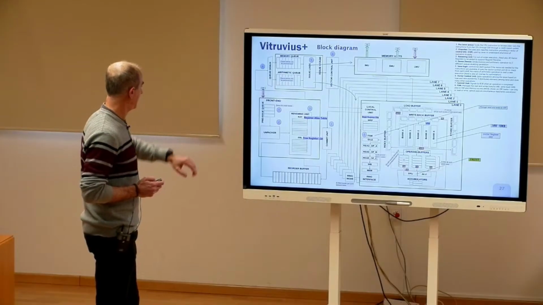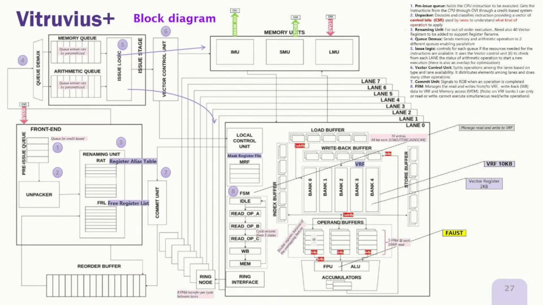I put here also a block diagram of the Vitruvius Plus, which is the long vector architecture made by BSC. And in my opinion, I studied this architecture very well. It's very educational because it's simple but contains every concept regarding the vector unit. I don't have the time to go through all these details, but you can see, for example, here the concept of lanes.